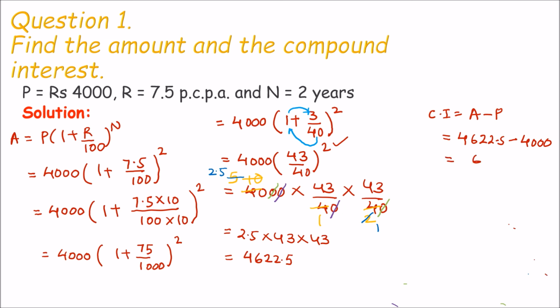You will get 622.5. That is the compound interest. So we got the amount, that is 4622.5, and we got the compound interest also, that is 622.5.